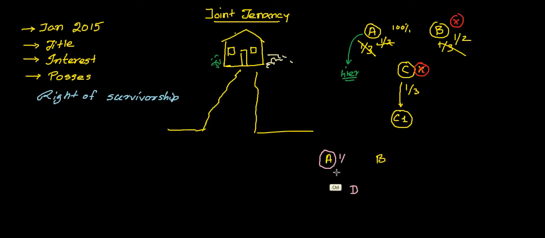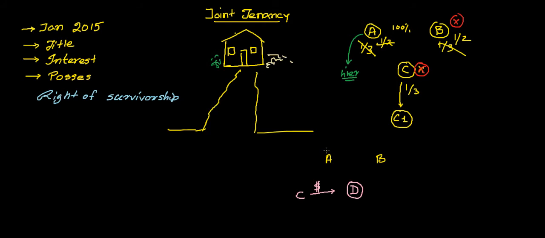So D is coming in, given a different situation here. C is still in joint tenancy with A and B, and they each own 1/3, and let's say C sells that to D for some dollar amount. Now D is not going to enter into the joint tenancy.